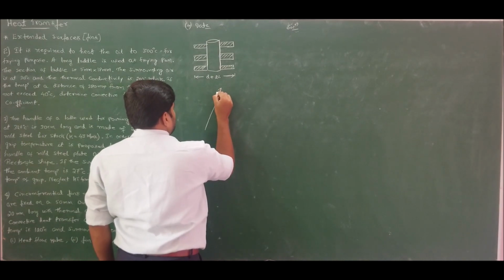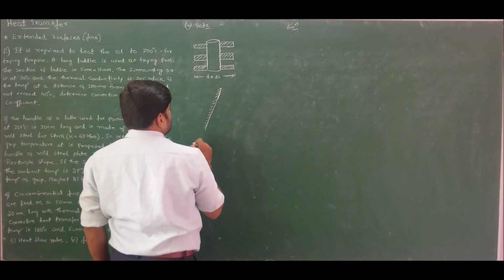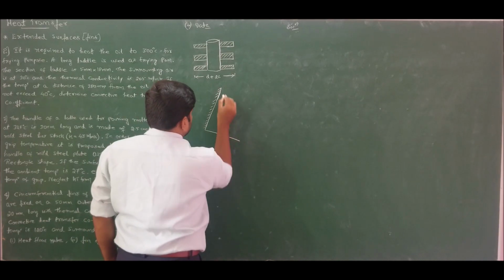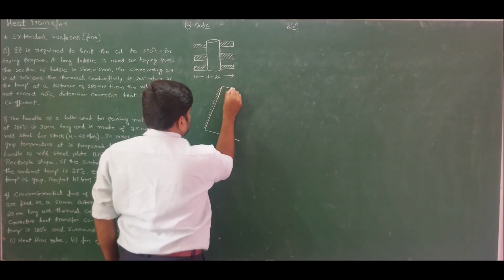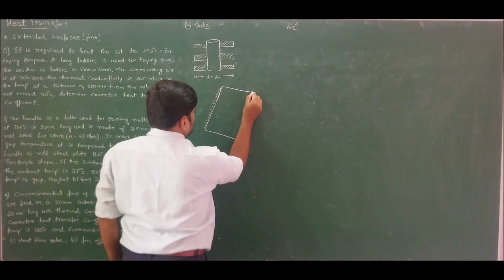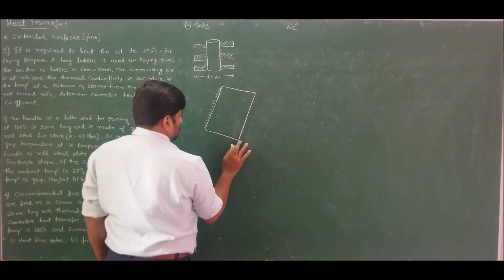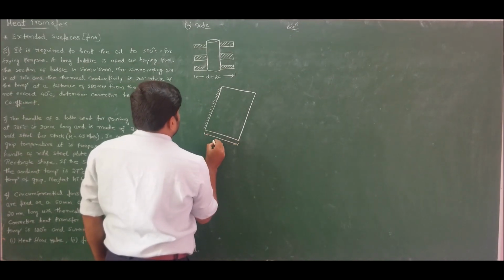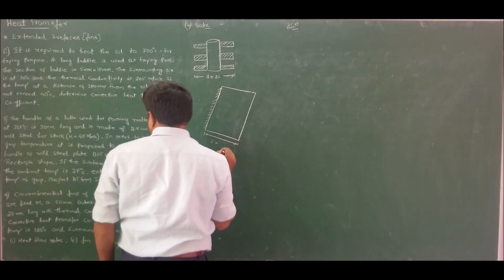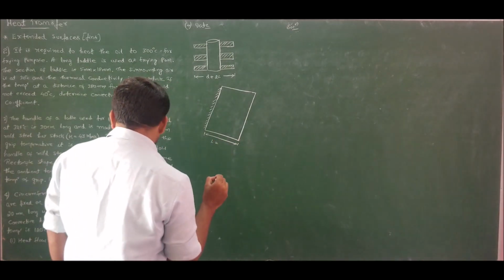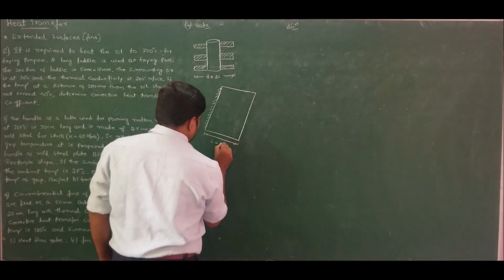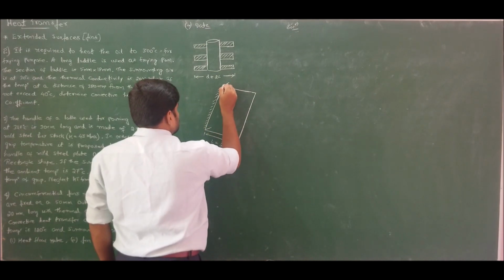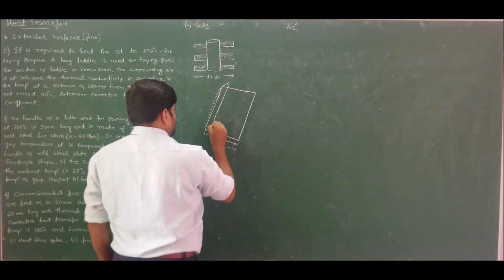Let us have this as a pipe surface, and for which we have fins attached like this. So now fin length is given to us. Fin length is specified as 20 mm, and we have specified the thickness.